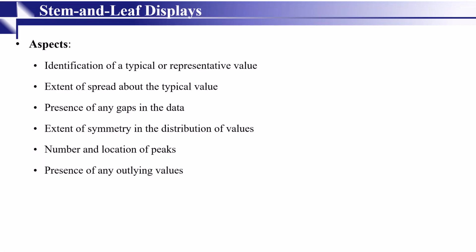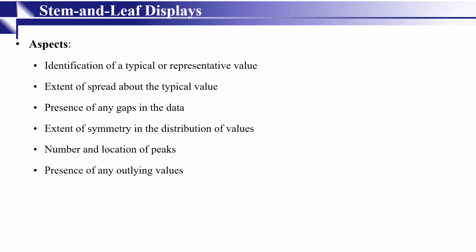A stem and leaf display provides valuable insights into various characteristics of our data. It helps to determine the central tendency, or the most common values in a data set. It reveals how much the data values deviate from the central value, indicating the variability or dispersion. It shows whether there are any intervals in the data where no values are present, suggesting possible data discontinuities.